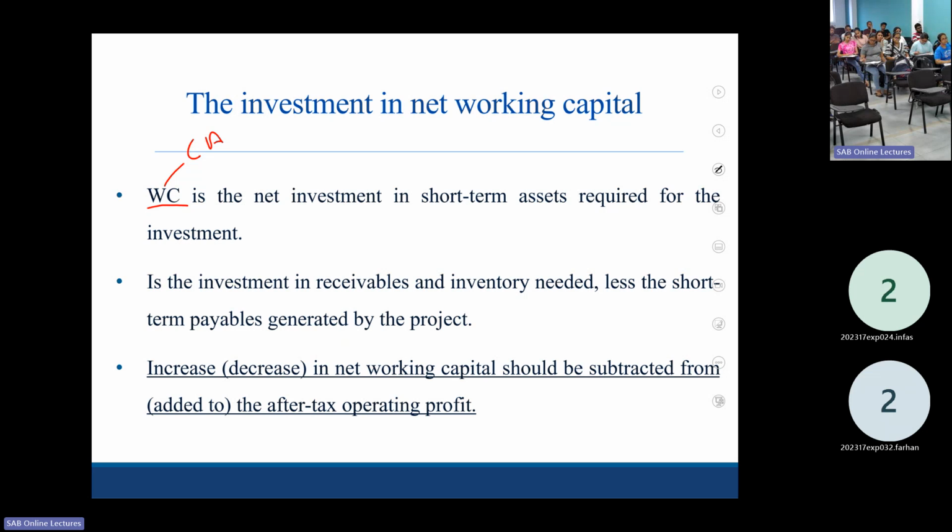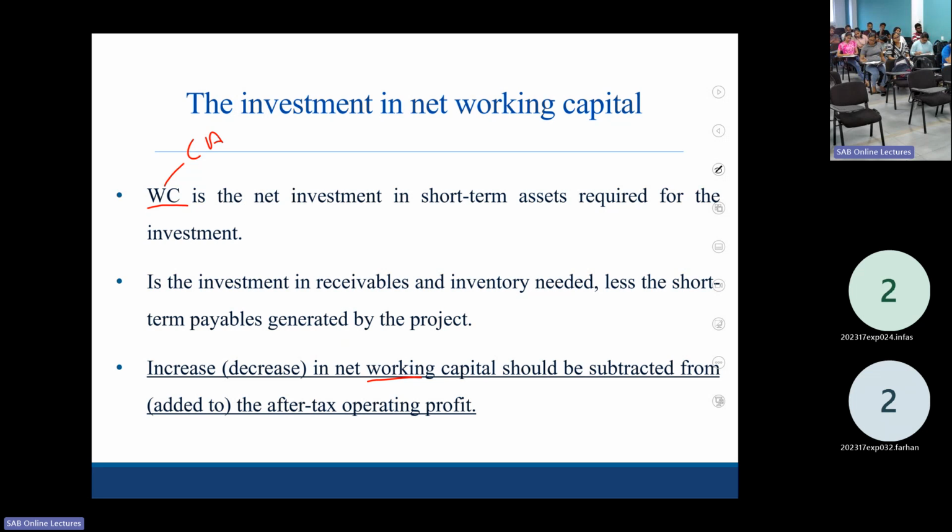Decrease in working capital means decrease in current assets, so that is a cash inflow. Accordingly, you have to adjust the increase in net working capital, subtracting and adding to the operating profit.